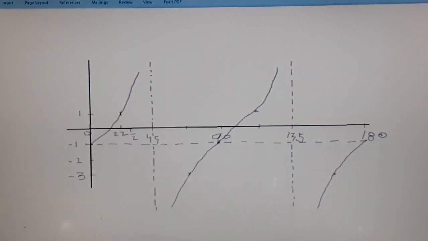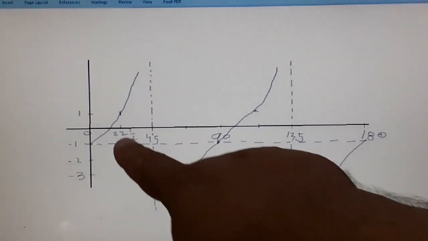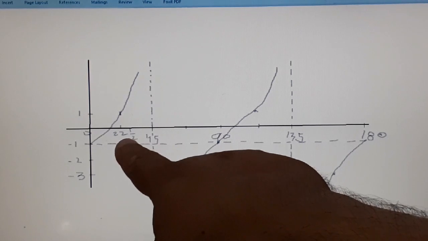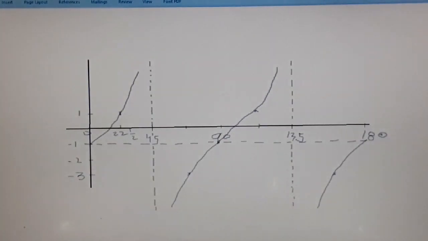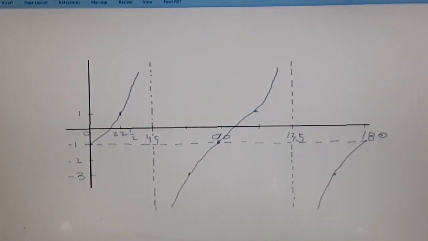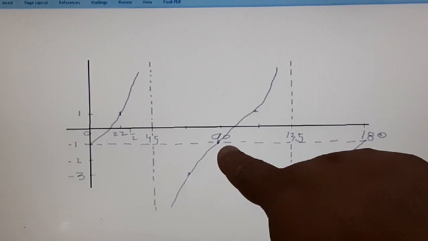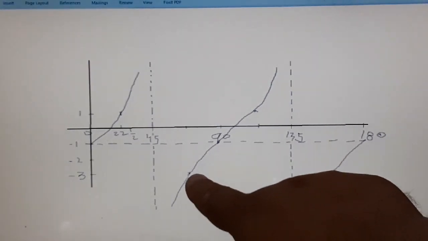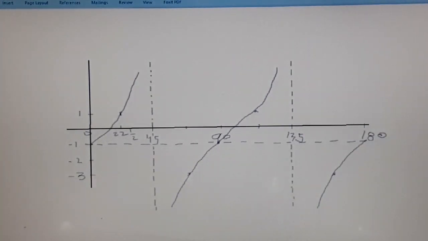You can just consider it, or you may mention the value, or you may ignore this value, but you have to take its reference. Corresponding to this mid value, the curve must pass through c plus a, which is 1. The second part of the curve will start from the axis, but will pass through c minus a, which is minus 3.